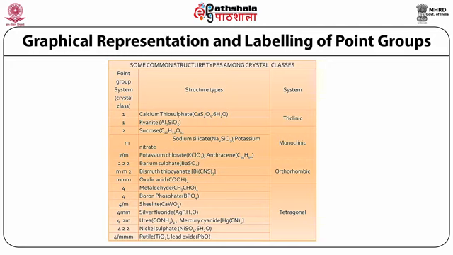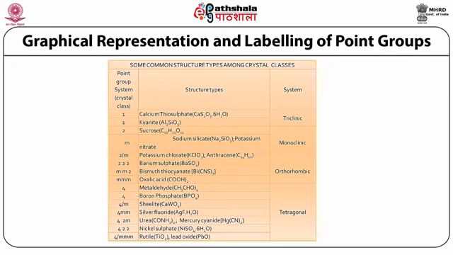For the point group system 1, the structure type is calcium thiosulfate, whose chemical composition is CaS2O3·6H2O. It belongs to the triclinic system. For 1 bar, the point group system, the representative crystal structure is kyanite, whose chemical composition is Al2SiO5. It falls under the triclinic system.